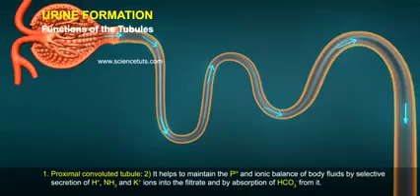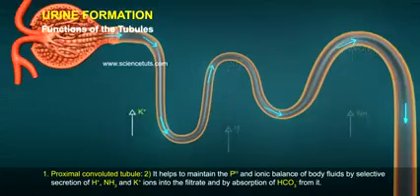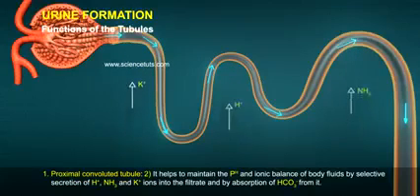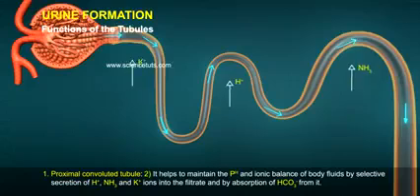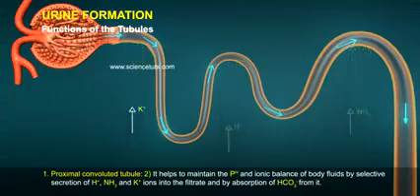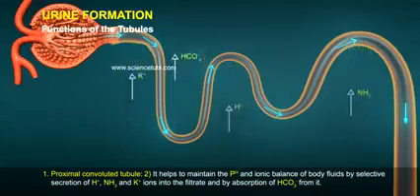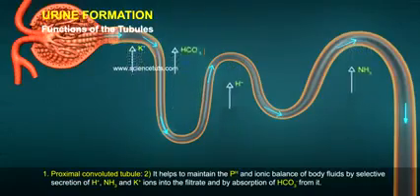It helps to maintain the pH and ionic balance of body fluids by selective secretion of H+, NH3, and K+ ions into the filtrate and by absorption of HCO3- from it.